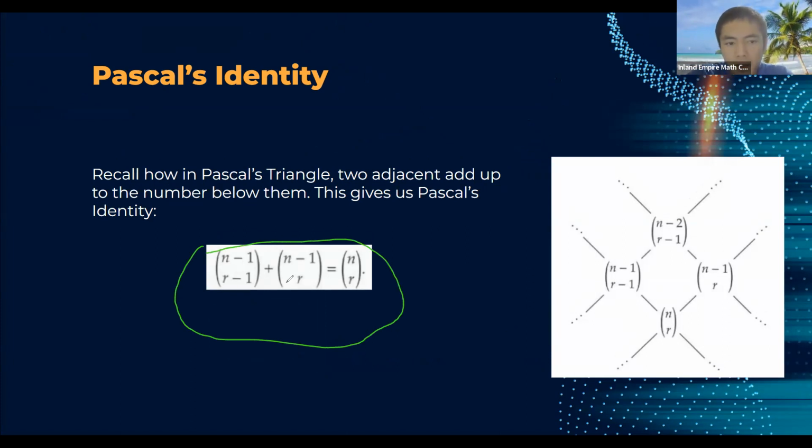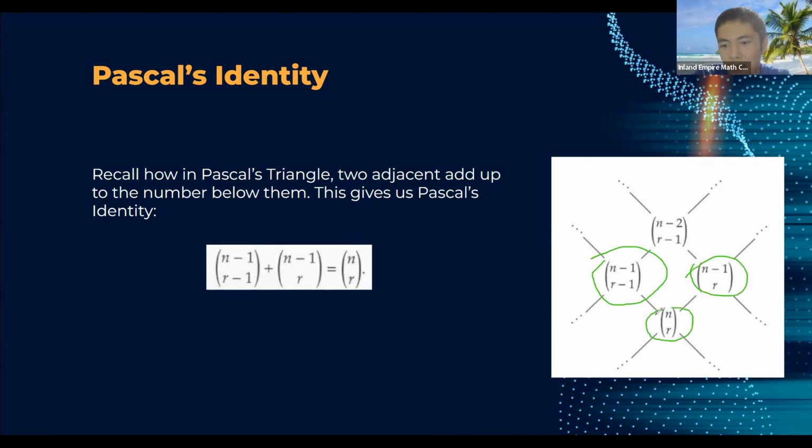How we get this formula is really from the way in which Pascal's triangle is created. As you must recall, Pascal's triangle is formed by taking 2 adjacent numbers, adding them together, and putting the result on the bottom between them. And check out this formula. That's exactly what it's saying. If you take 2 adjacent numbers and add them together, you get the number below them. That's just Pascal's identity.